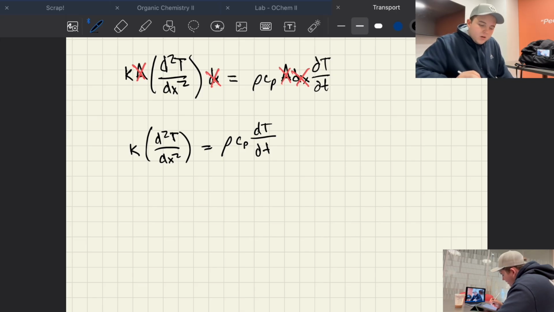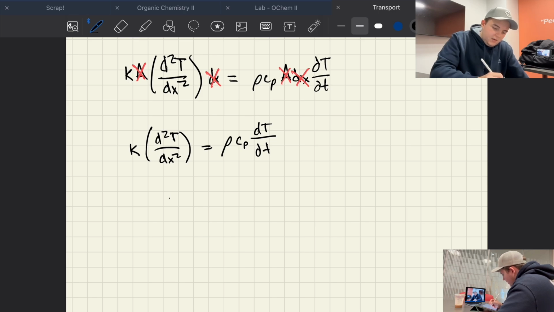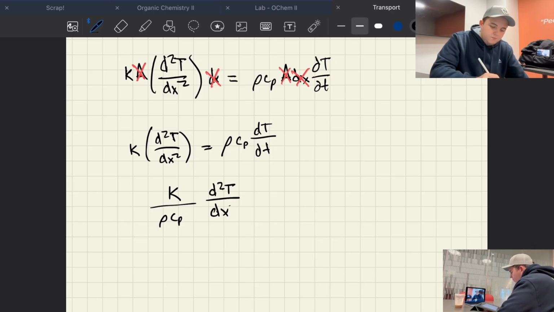Okay, so what we're going to do in this case is divide by our density and heat capacity. So we'd have K over rho Cp times the temperature gradient.